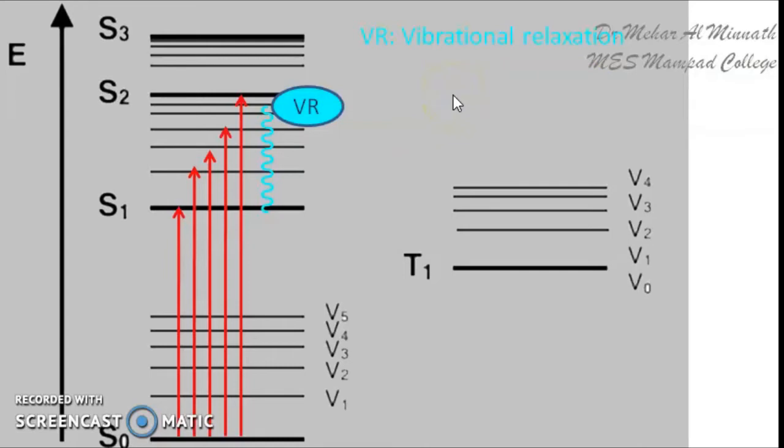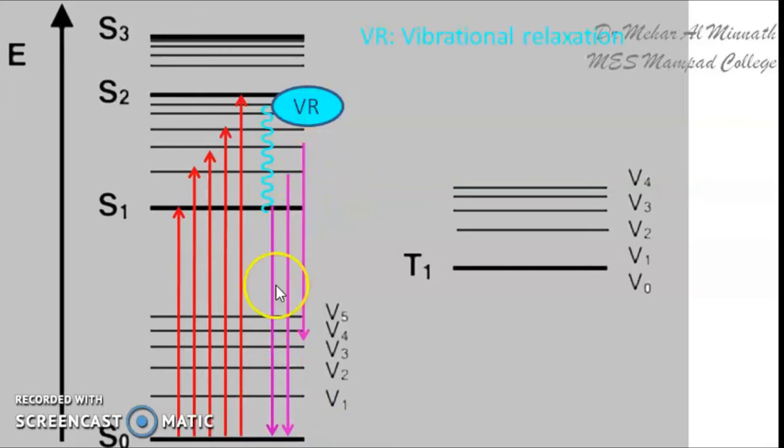Now another way of relaxation is from the lowest energy level of this excited state, the molecules can come down to the lowest energy level of the ground state. So it is from one electronic state to another electronic state. Now this can happen from the higher vibrational energy state to the lowest ground state. So that's also possible.